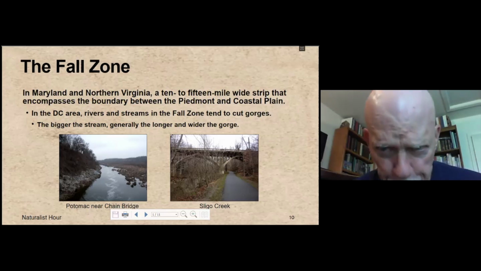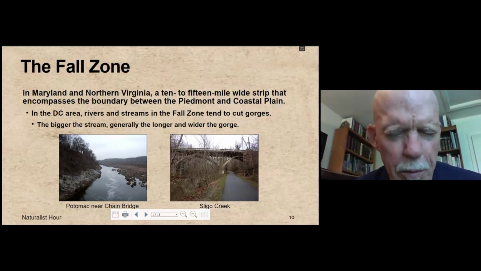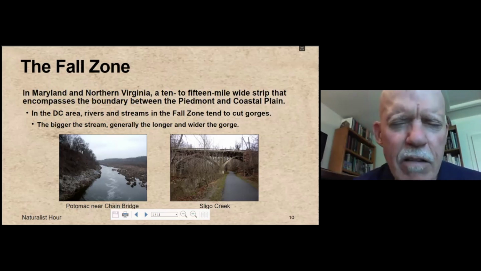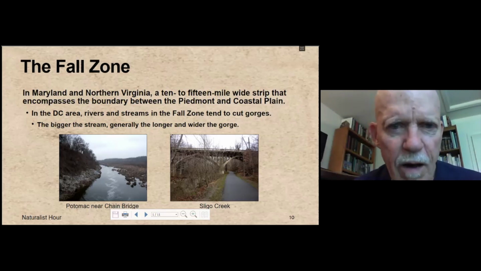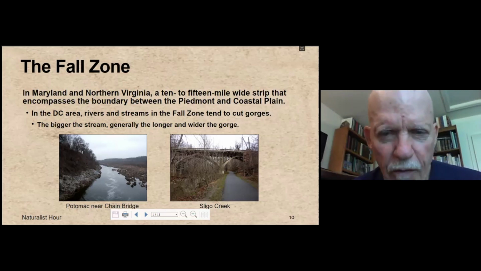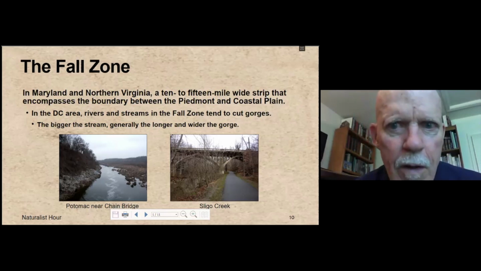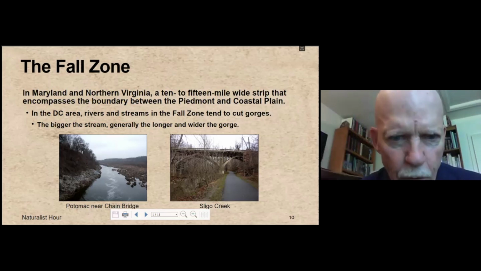So as the stream gets closer and closer to the coastal plain area, it has no trouble removing that sediment. Okay, so it digs a kind of a ramp that comes from the general level of the Piedmont down to the coastal plain level. Okay, the bigger the stream, usually the longer and the wider the gorge.